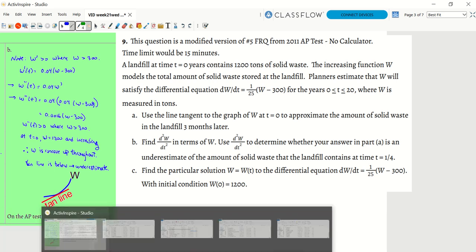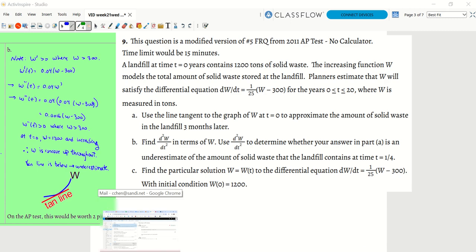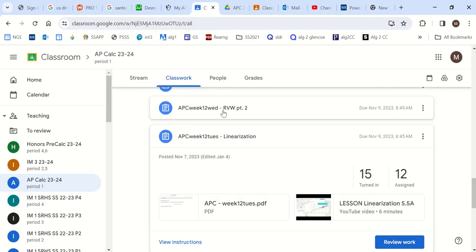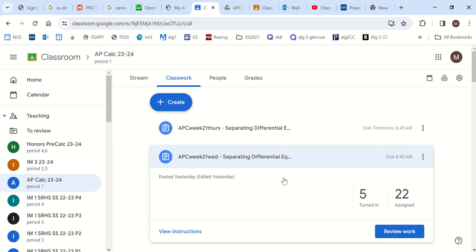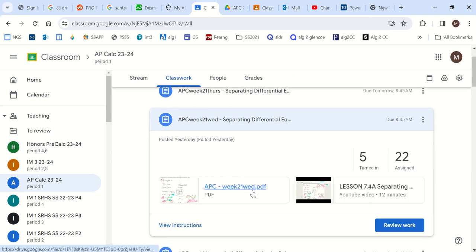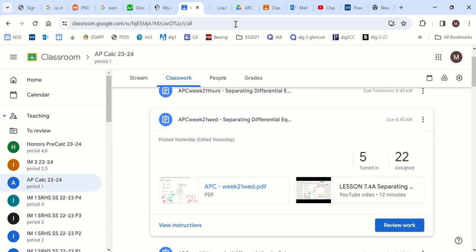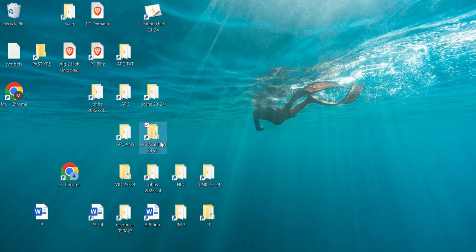Let's look over here. I think there was a diagram that they gave you for this. I should have copied it into the 21 Wednesday. It's taking a lot of time to load.